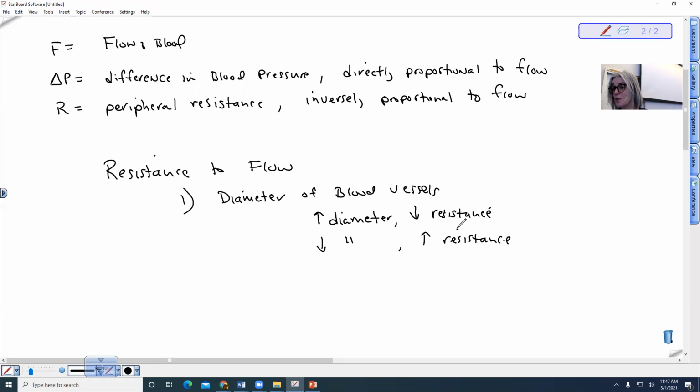So that means that we can shunt blood to different areas of the body because there's just too much resistance to flow when we constrict these blood vessels to one part of the body. And when we open them up, then there's less resistance, and so it will tend to choose that path. And so this allows for the shunting of blood to different parts of the body.